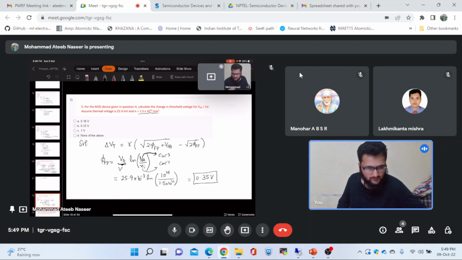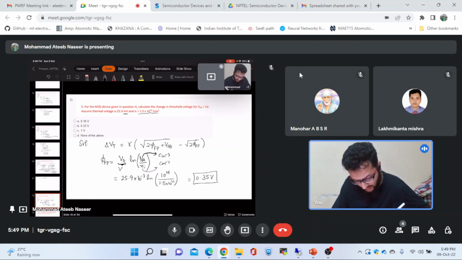This makes our life easy. Clearly, this centimeter cube and this centimeter cube cancel, and we have this quantity as unitless. And now this Vt has the units of volt, so it simply means this phi fp has the units of volts.